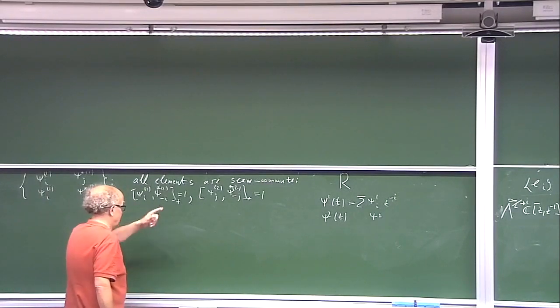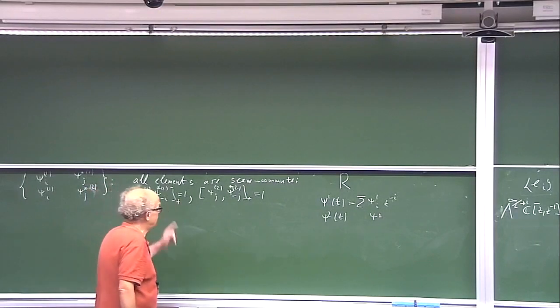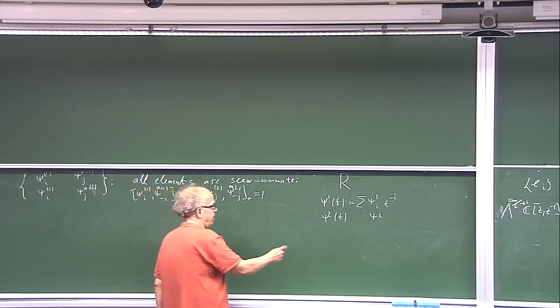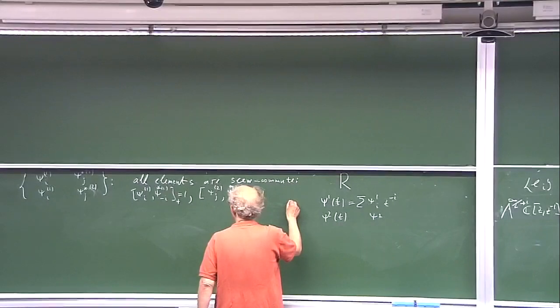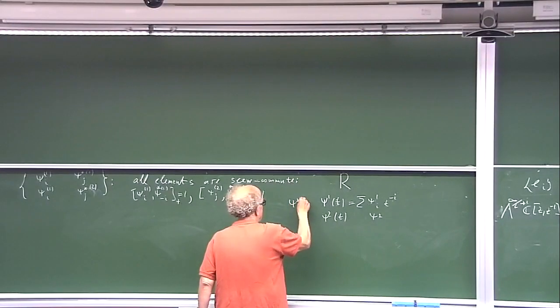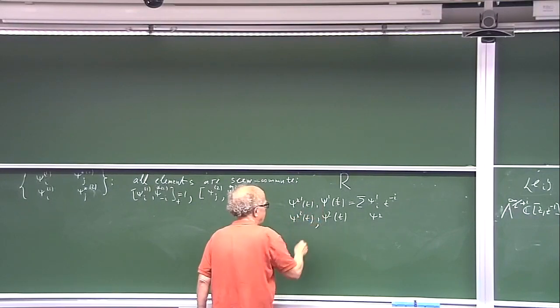So it is just, yes, excuse me, I wrote this incorrectly. Anyway, I have this and this, and I have psi star 1 t and psi star 2 t similarly.